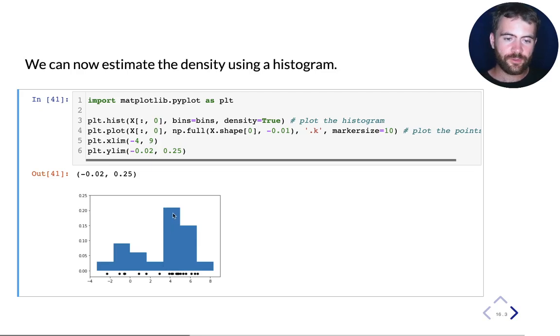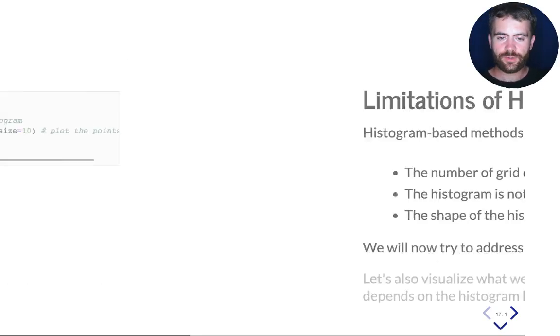And so here it tells me that around 21, 22, 23% of points are here in this bin. So this is an estimate of this density that I can easily visualize in one dimension, and this same principle can in theory be applied to higher dimensions as well.